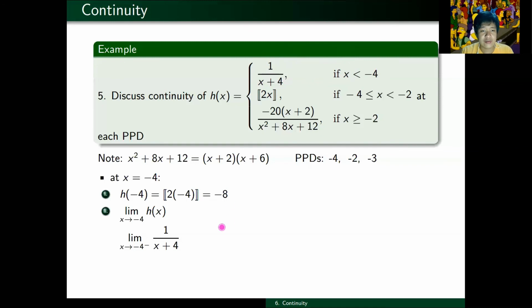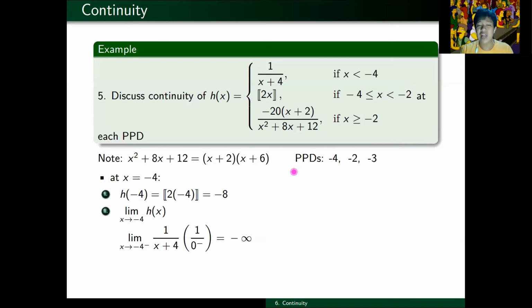Okay. So, ano mangyayari? If you try to plug in negative 4 here, I have 1 over 0 minus. 0 minus kasi as x approaches negative 4 from the left, if you try plugging in values less than negative 4, you get negative numbers here. Okay? So, ano pong sagot dito? Negative infinity.